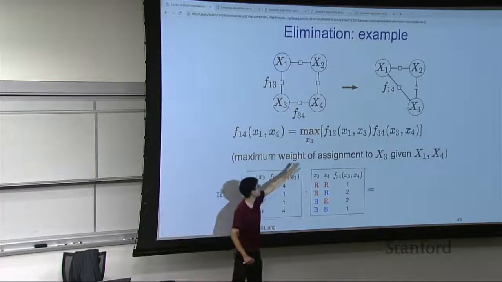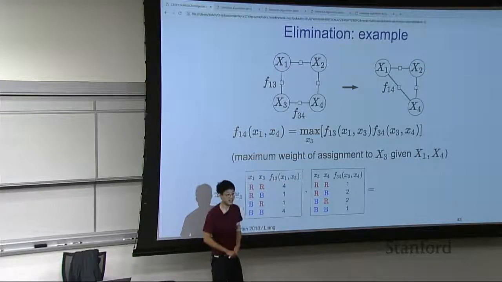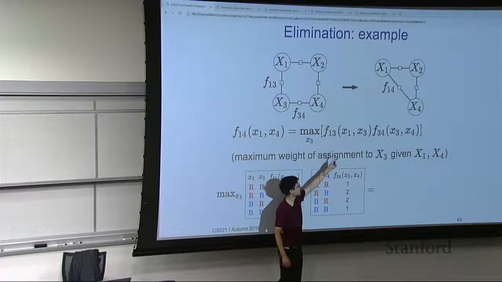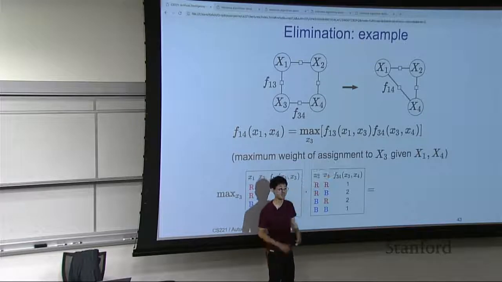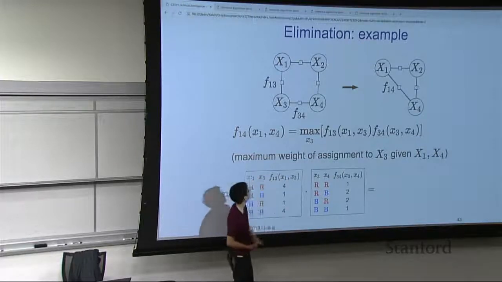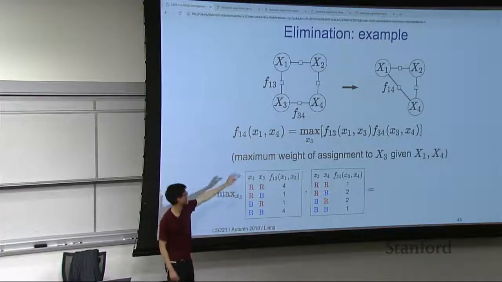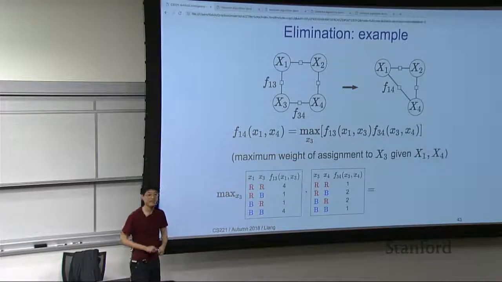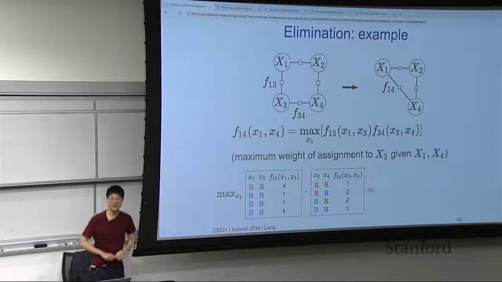So that's the max over here. We're maximizing over it. And this quantity in here is the product of all the original factors that were connected to x3. So they're still implicitly there, but they're in the definition of f14 now. Any questions about that?